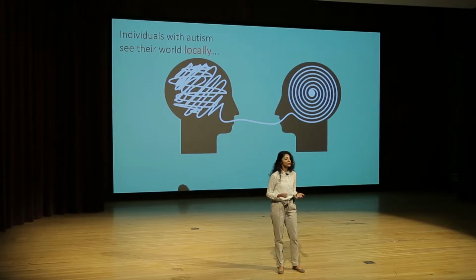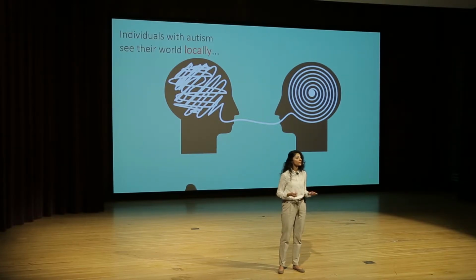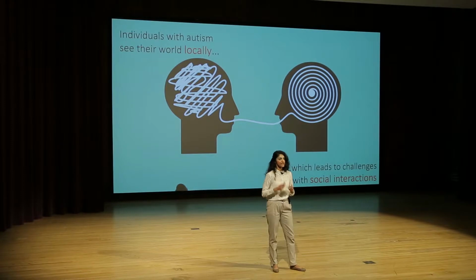So they may see those four Pac-Man shapes as being unrelated and may not see that square initially. This has led to difficulties in the give and take of a social interaction, which is a core impairment of autism. So it is incredibly vital to study and understand visual processing in order to understand autism.